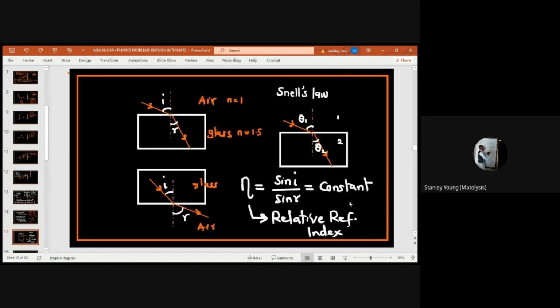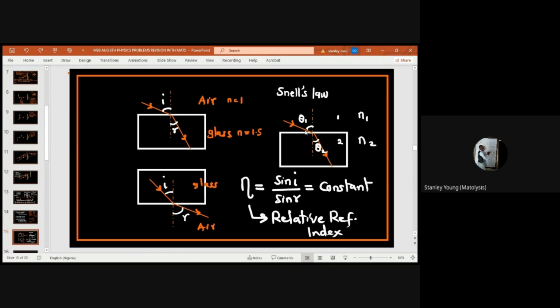For the relative refractive index, from the word relative, you are comparing. This medium has N1, this medium has N2. And this ray is traveling from 1 to 2. The refraction happens in 2.